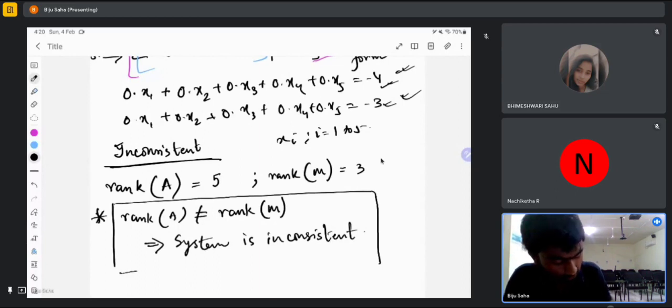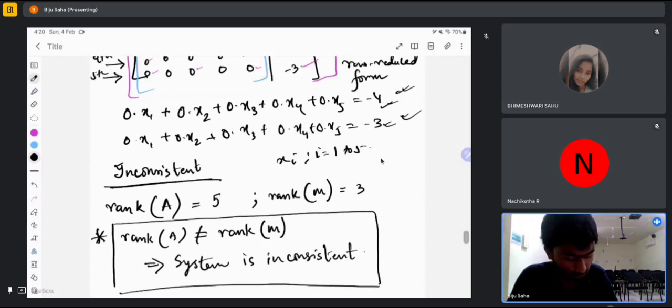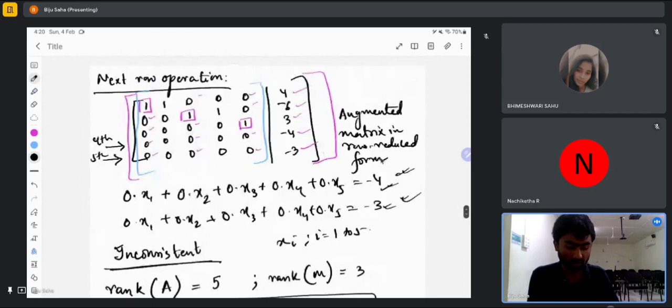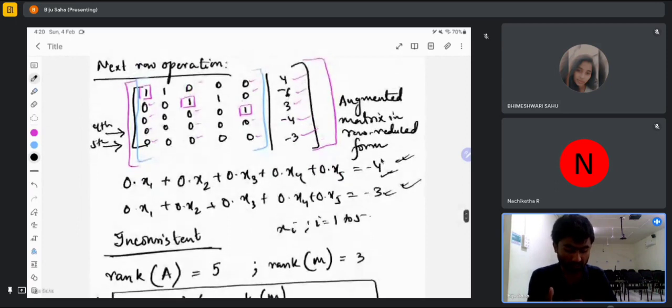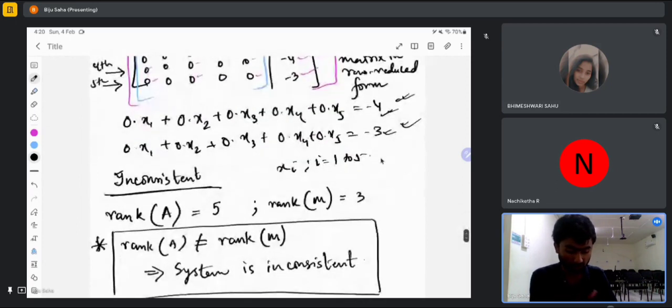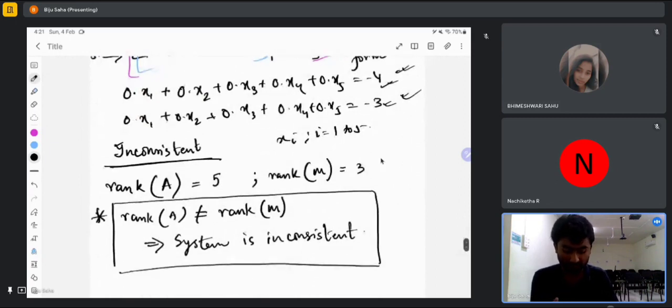Without having to solve the five simultaneous linear equations, if you just calculate the rank of the augmented matrix and the rank of the coefficient matrix and find them to be unequal, then you can easily conclude that the system is inconsistent.